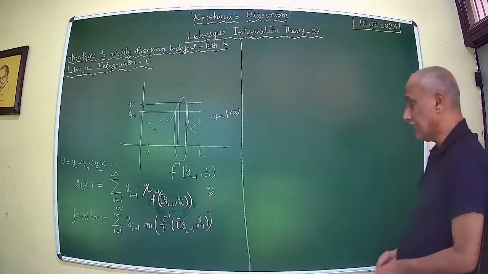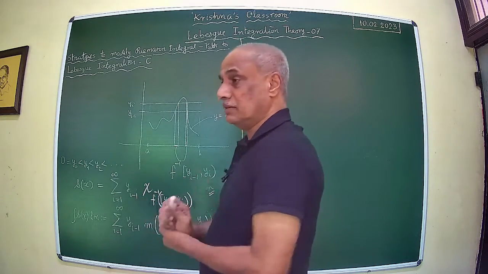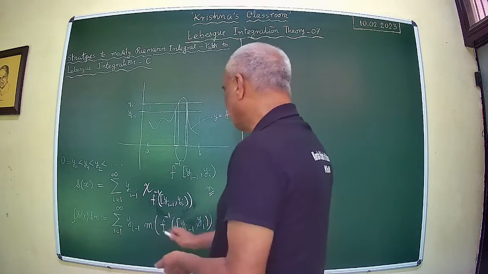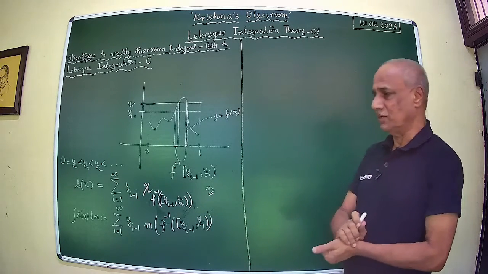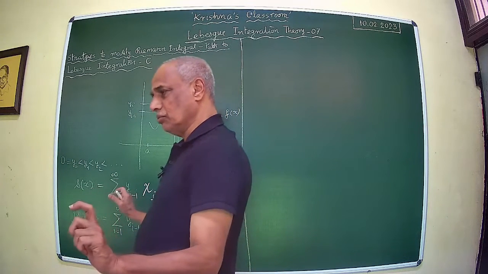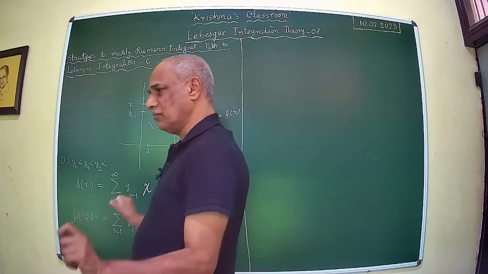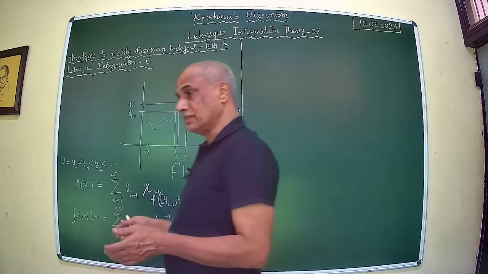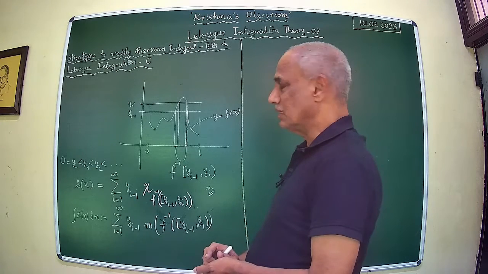Otherwise, in general, this need not be an interval, may not be even a union of disjoint intervals. Because if it is a union of disjoint intervals, then you can extend the notion of length from an interval to the measure of this set, which is the union of disjoint intervals, as the sum of the lengths of these intervals.